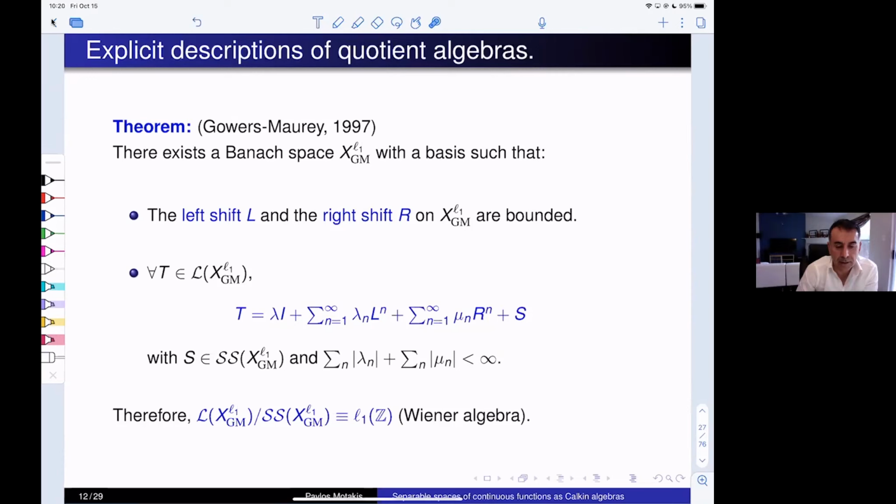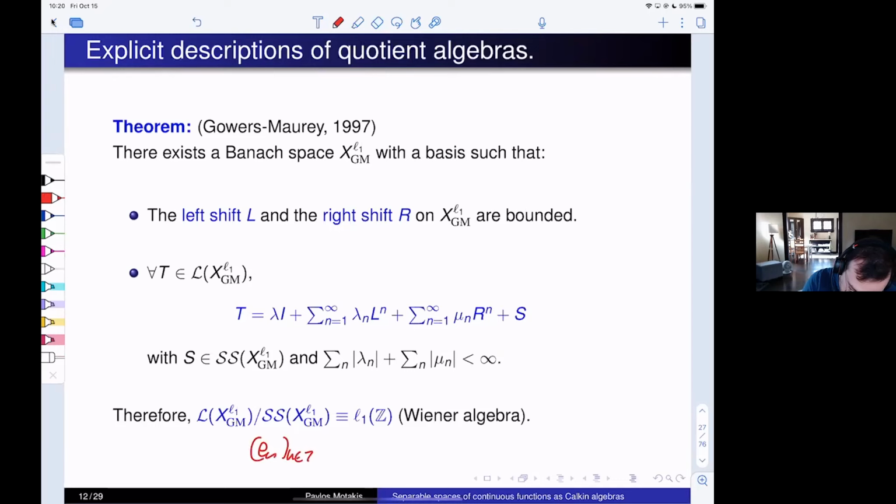What is the multiplication on the Wiener algebra? Okay, so here you have L1 of Z, so you have the unit vector basis. Let me switch to red. So this is the unit vector basis. And then at least on the basis, the multiplication is E_n times E_m is E_{n+m}. So E_0 is the unit element.